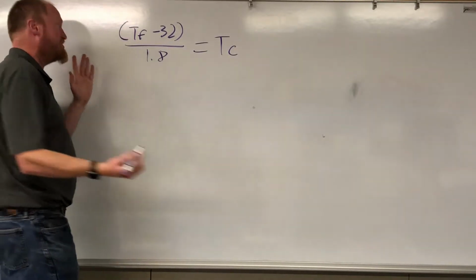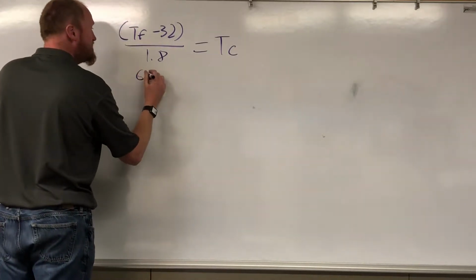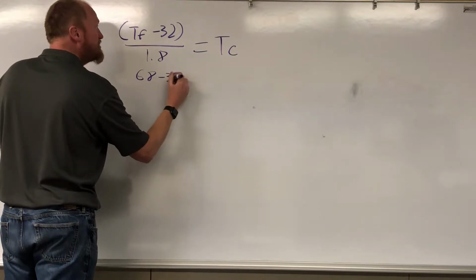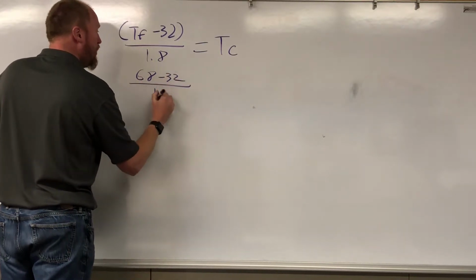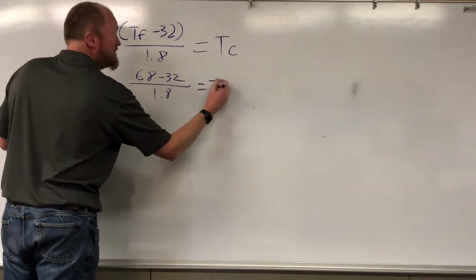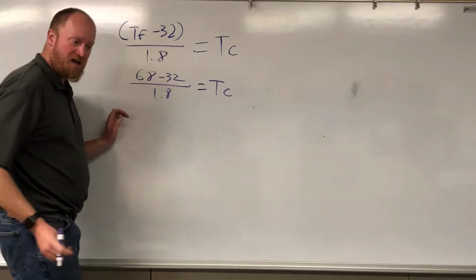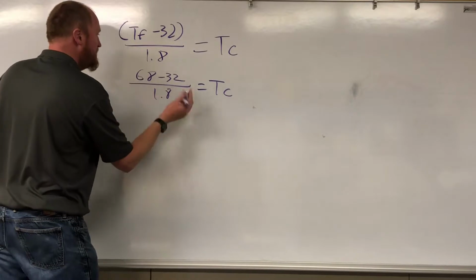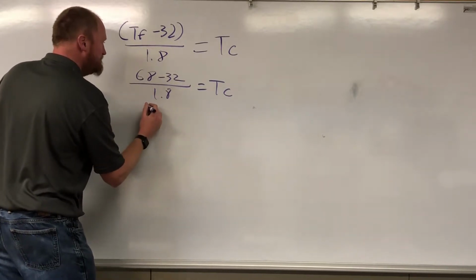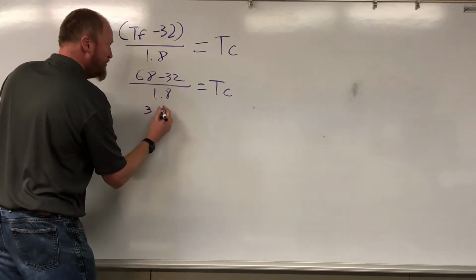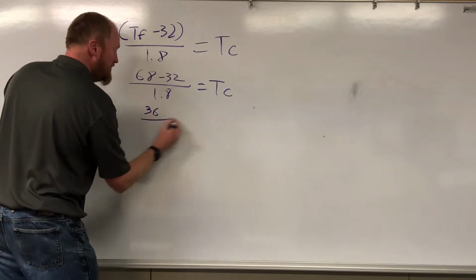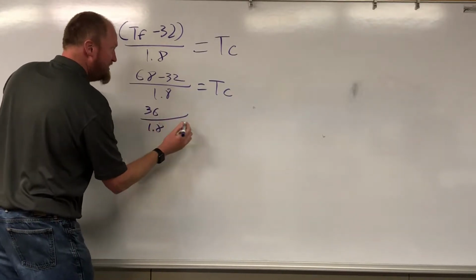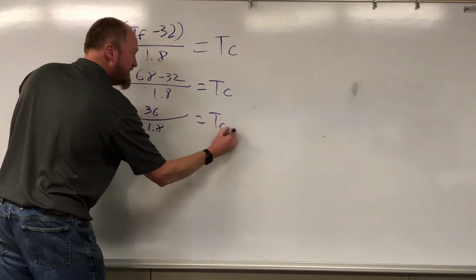So I told you it was 68 degrees. 68 degrees Fahrenheit minus 32 over 1.8 equals the temperature Celsius. Okay, well, 68 minus 32 is 36 over 1.8 equals the temperature Celsius.